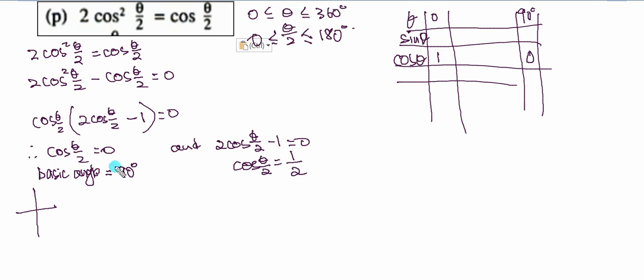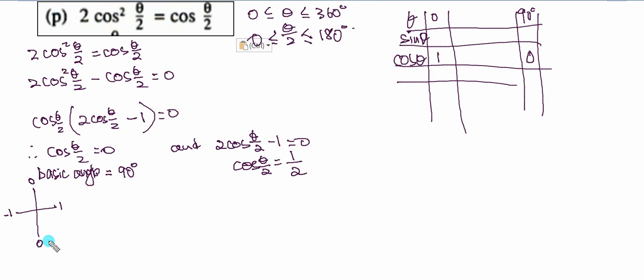Remember, cosine 0 is 1. Okay, this is cosine 0 is 1. Cosine 90 degrees is 0. This is 0. This angle is actually cosine 180 is minus 1. Then cosine 270 is 0. Okay, remember this.